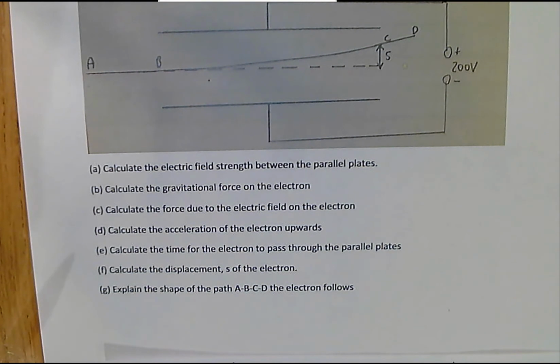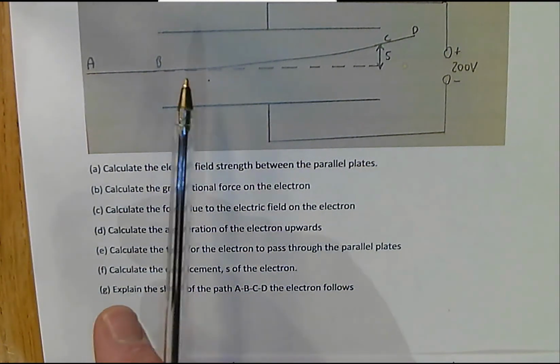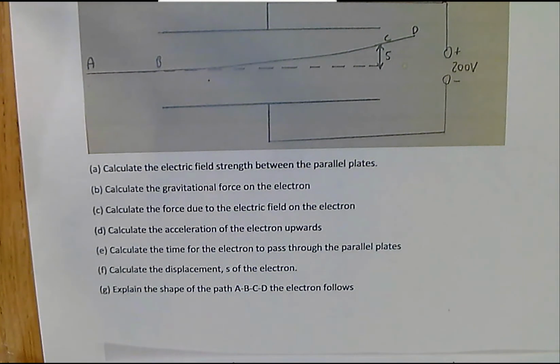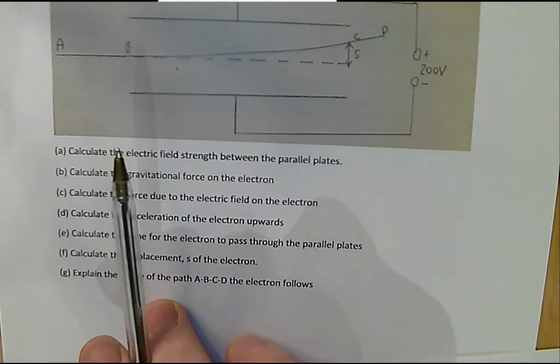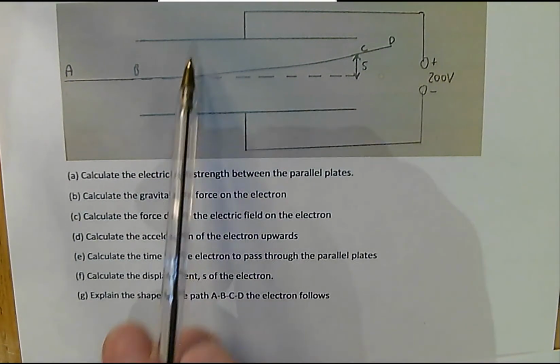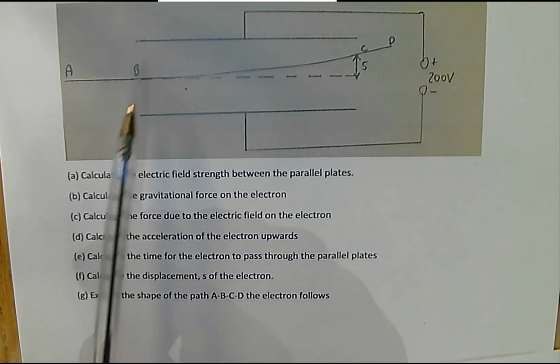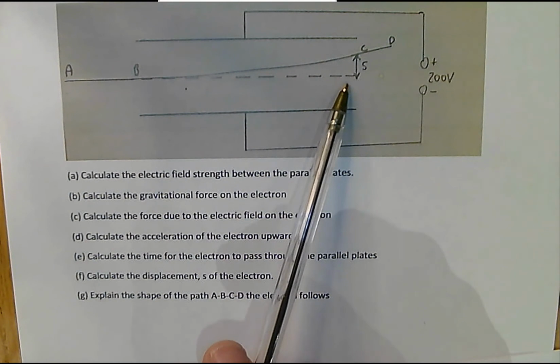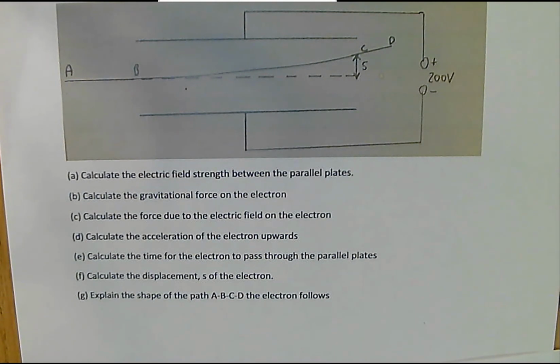There is a constant acceleration upwards, or a constant force upwards, and so it follows a curved path. Because there are no forces acting horizontally, the horizontal velocity stays the same. So there's a constant acceleration upwards due to the uniform electric field, and there's a constant horizontal velocity, which is how we would describe a projectile.